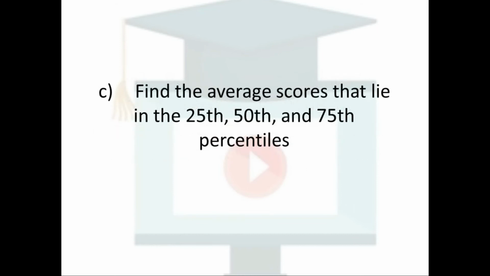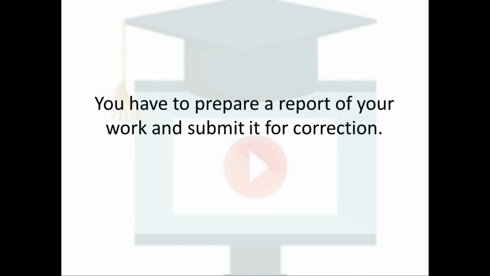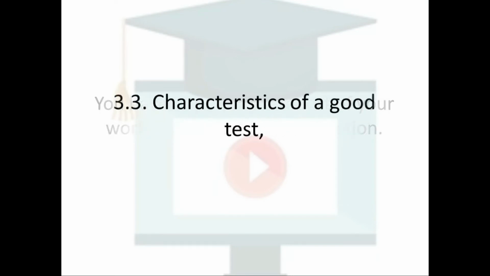Find the average scores that lie in the 25th, 50th, and 75th percentiles. Take the scores of 2 subjects and calculate the coefficient of correlation. You have to prepare a report of your work and submit it for correction.